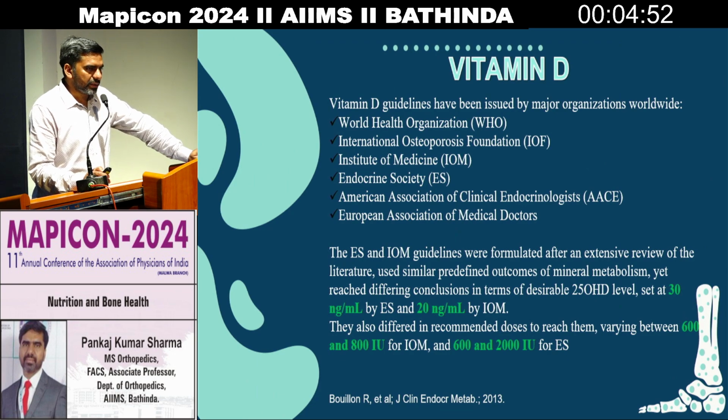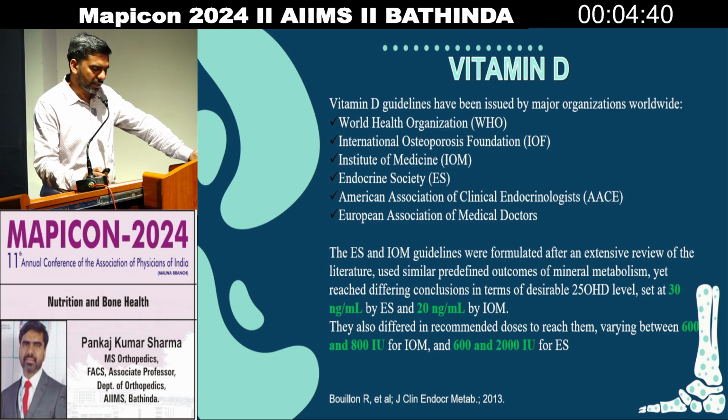For vitamin D, there are a number of guidelines, including WHO, International Osteoporosis Foundation, Institute of Medicine, Endocrine Society, American Association of Clinical Endocrinologists, and European Association, and these conclude that the desirable 25-hydroxy D level, meaning vitamin D in an absorbable state, is set at 30 nanogram per ml or 20 nanogram per ml.